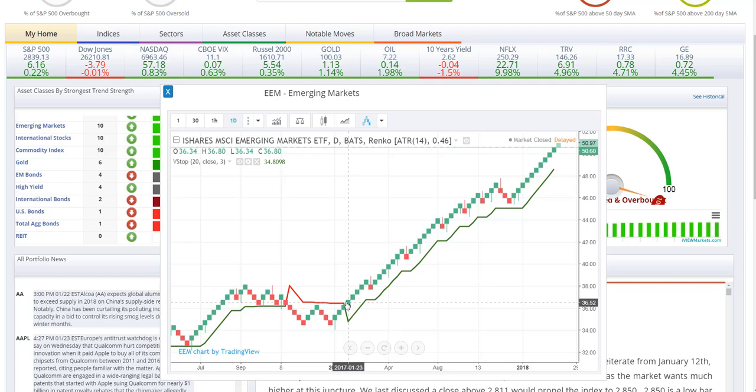So you would have bought emerging markets at 36 and you would have not been stopped out. Most people that are using Renko will say 2 to 3 bars down starts to form a new negative trend. But again, I don't use that in isolation by itself. We use the additional qualifier of the average true range.